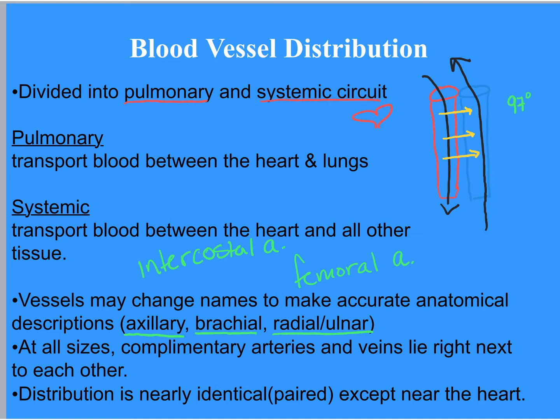That's not possible. I don't think you'd be alive if your body temperature was 97. But just for example purposes, you've been outside for a really long time, your body temperature has dropped to 97 degrees, and that blood that's being carried in this vein coming back from the periphery is 97 degrees.